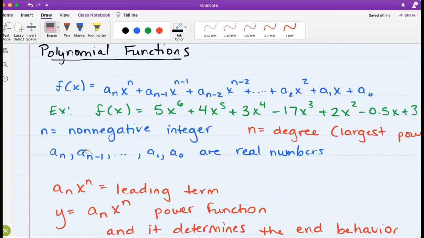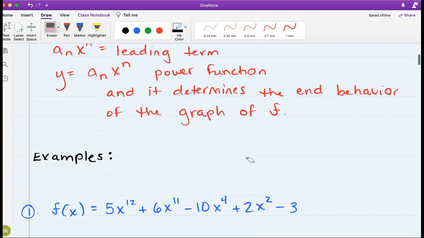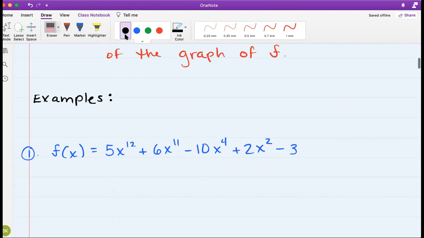And recall that these coefficients are real numbers, and those real numbers can include the number 0. So looking back at what I have here, notice that the highest power I have is 12. All the other powers I see are non-negative integers.